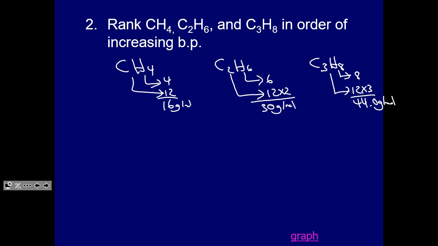Therefore, what's the highest boiling point? C3H8. All right? So again, if we go from low to high, CH4, C2H6, C3H8, up to a high boiling point. All right? Again, it's pretty straightforward.